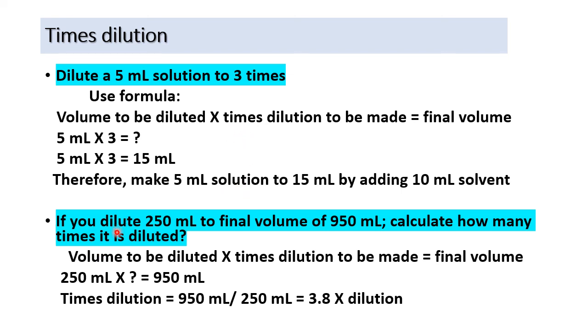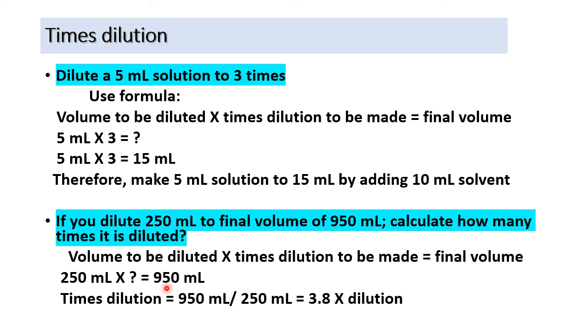Another example is how to find out the times dilution. Like if you dilute 250 ml of some solution to a final volume of 950 ml, and you have to calculate how many times it is diluted. For that purpose, you use the same formula: volume to be diluted times dilution to be made equals final volume. Here we have the solution to be diluted, 250 ml, and you want to find out the times dilution, and the final volume we already have.